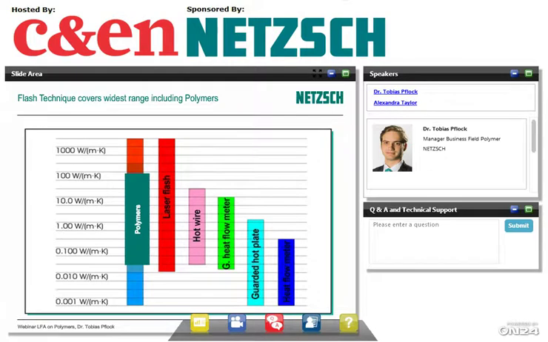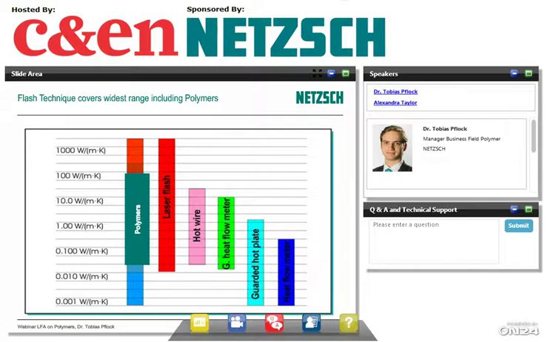So now, if I propose this kind of measure for my material, of course, I have to measure it as well. The old saying in management is I can only manage what I measure, so we need something to measure. And there are different techniques. There's the laser flash technique, shown in red here, the hot wire technique, quite an old technique, guarded heat flow meter, guarded hot plate, and also heat flow meters for more insulating materials.